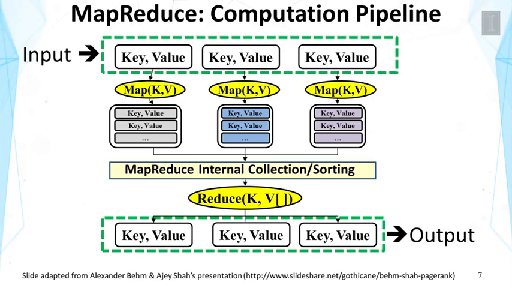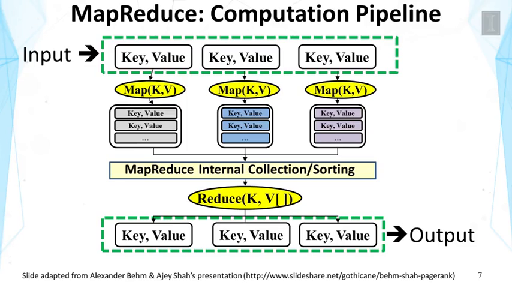Each key value pair would then be sent to a map function. The programmer would write the map function, of course, and then the map function would process this key value pair and would generate a number of other key value pairs. Of course, the new key is usually different from the old key that's given to the map as input.